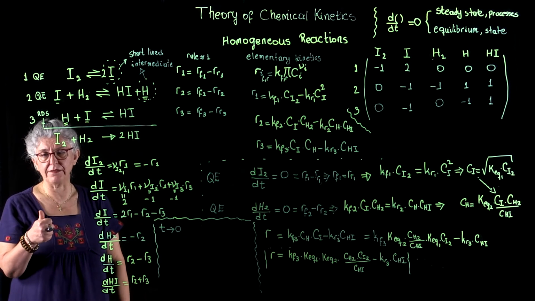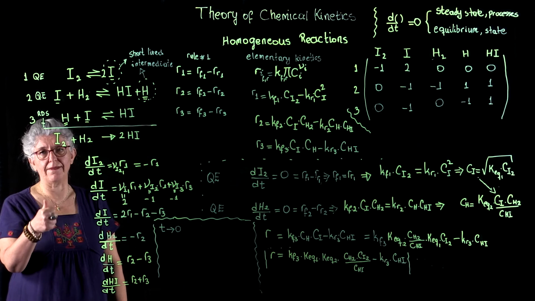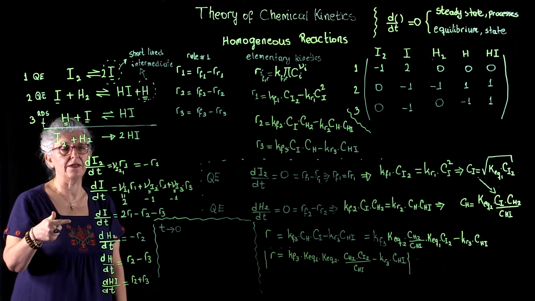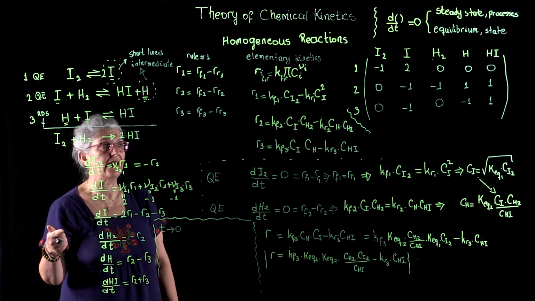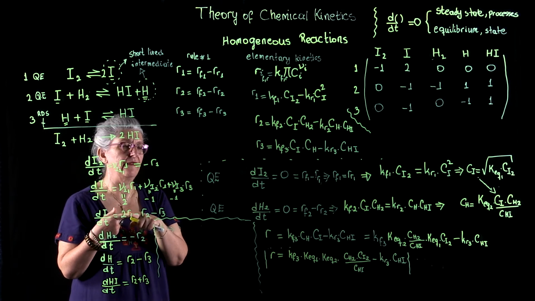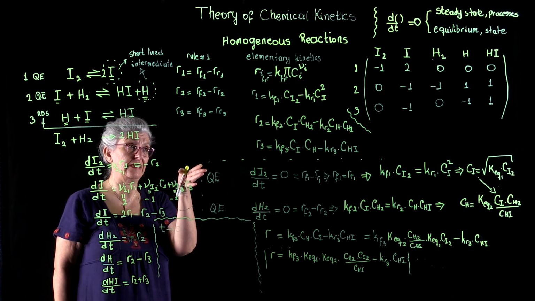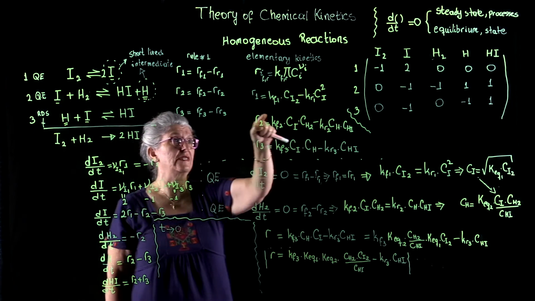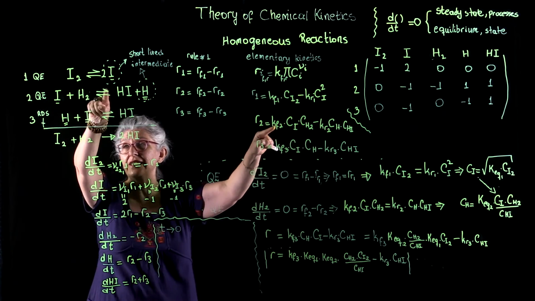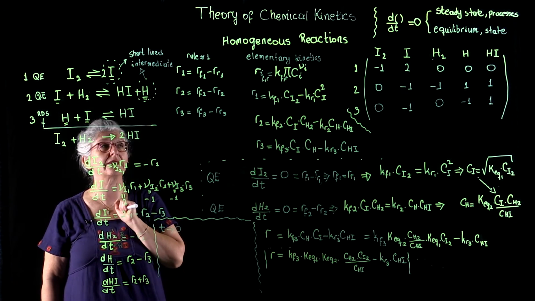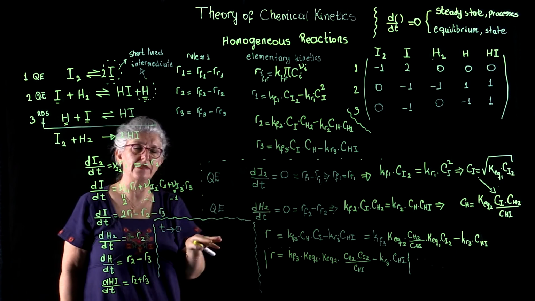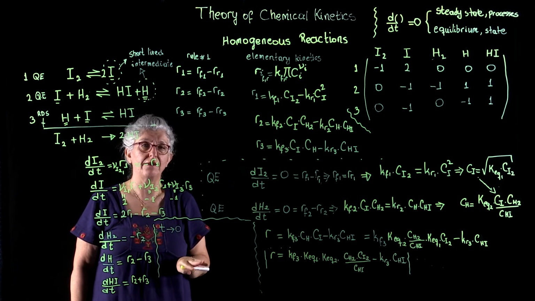In the beginning of the reaction, we do have only the reactants, no products. So we cannot talk about reverses of the steps. We can only have forward reactions. Okay? So let's take the first one, which we have taken as an equilibrated step. But we cannot take that as an equilibrated step in the early periods of the reaction.